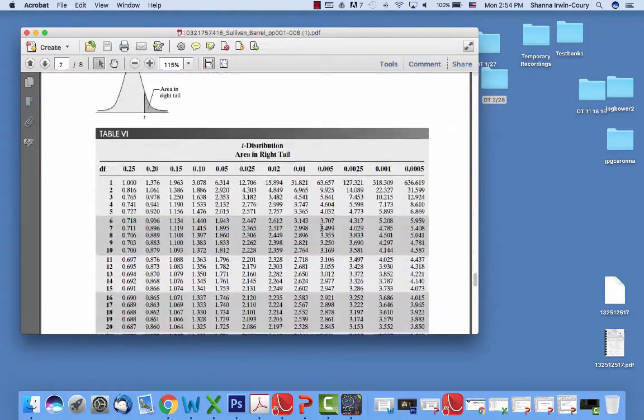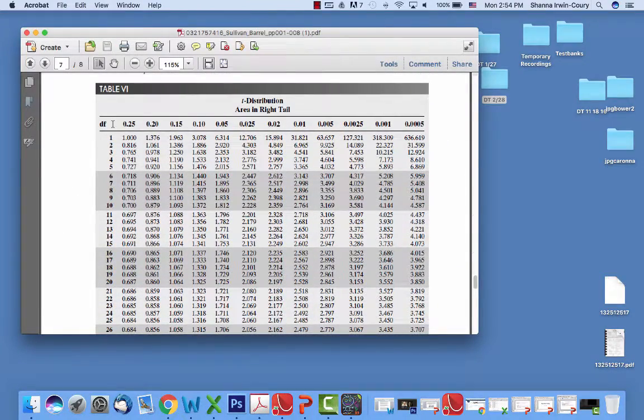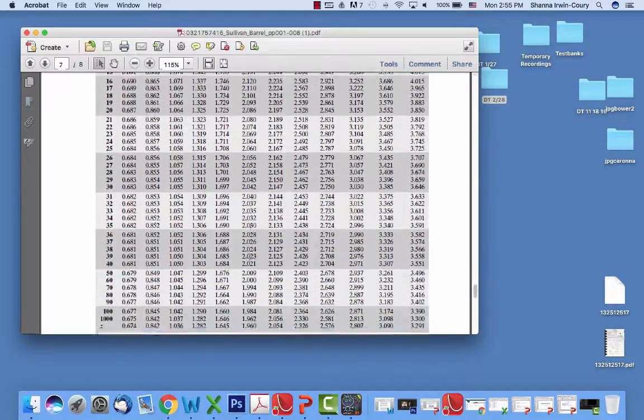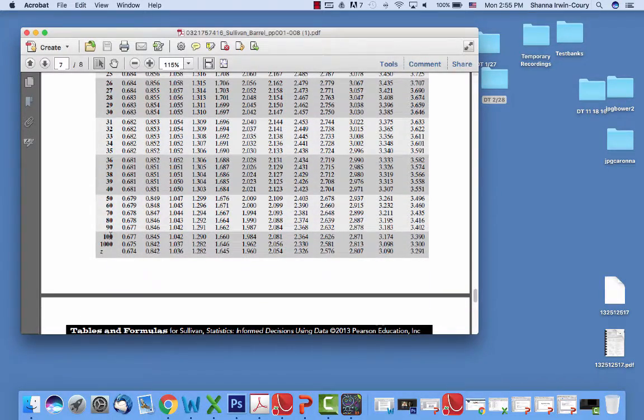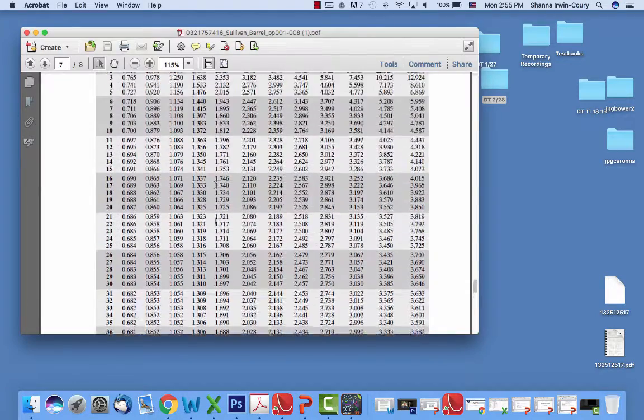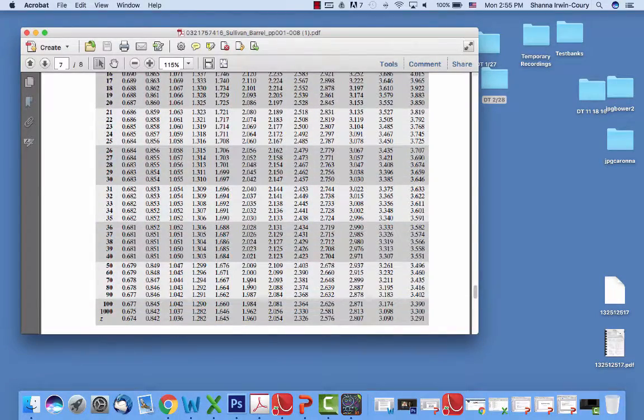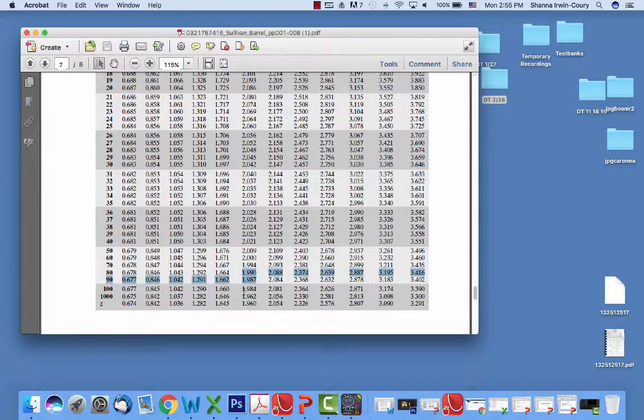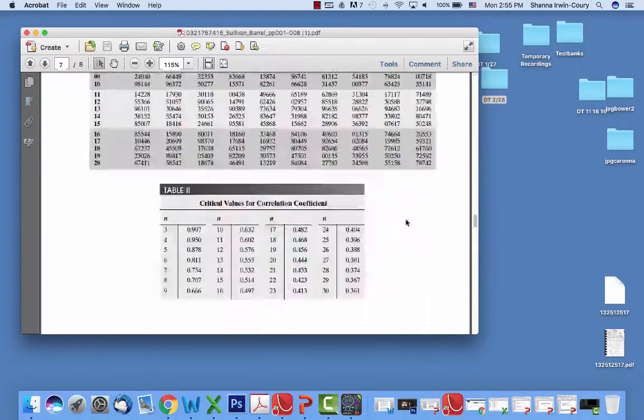So we would look here on the t table, it's the right-hand tail that's at the top. So up here, if we were doing 95% confidence, then we take half of the 0.05 as far as the tail. If we had 100 people in our sample, we can't use 100 because our degrees of freedom are 99. So we would drop down to 90, and we'd use 1.987 as our t value for that.